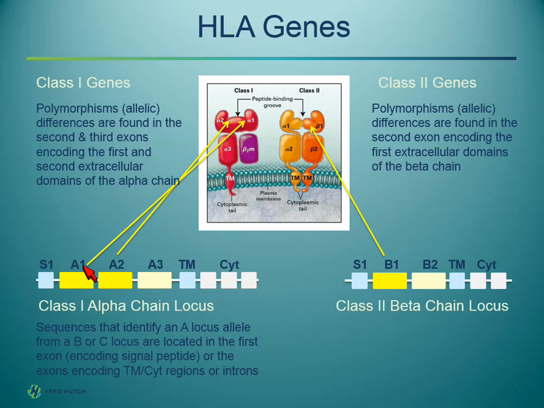Most of the other variation is happening down here in the transmembrane sections and the cytoplasmic tails. With class 2, you only have to sequence one exon, exon 2. Again, it's the variation right up here in the groove. That's where the money is.